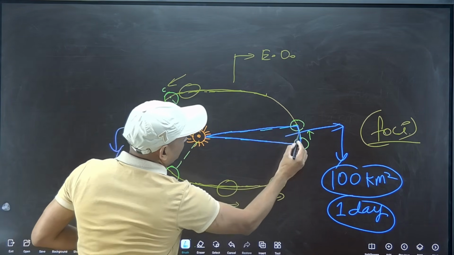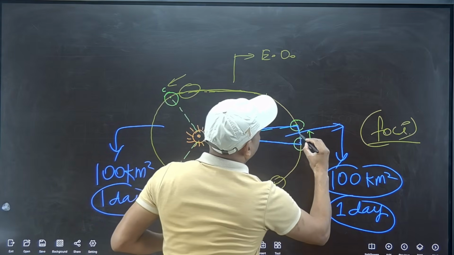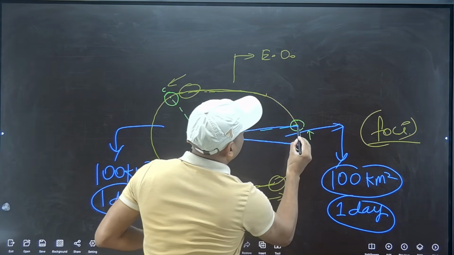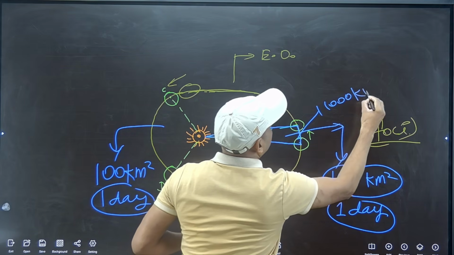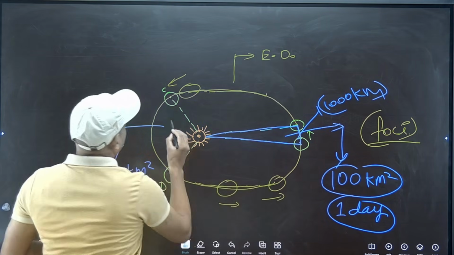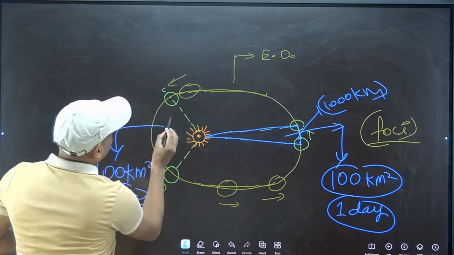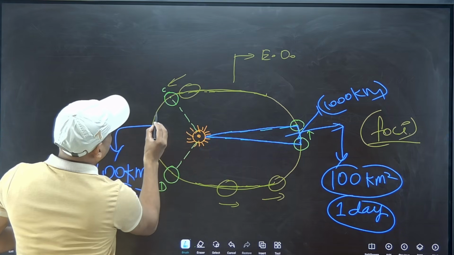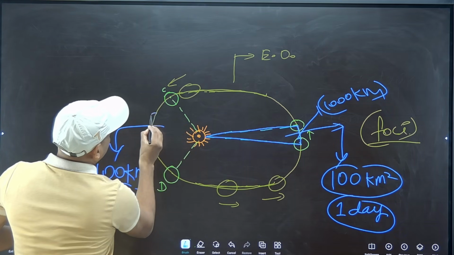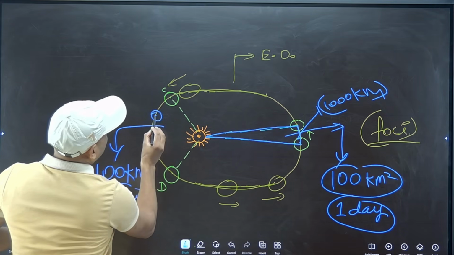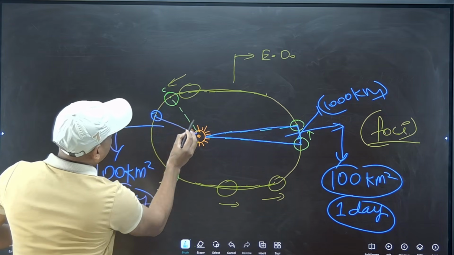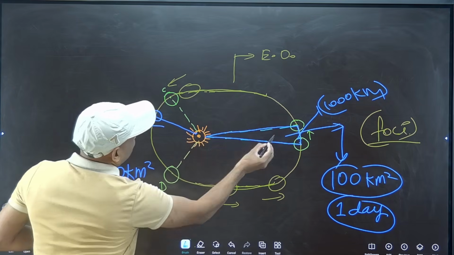Maybe this distance was, for example, 1000 kilometers. If the speed was the same, the Earth would again have traveled 1000 kilometers and reached here, and then this area would have been much smaller compared to this area.